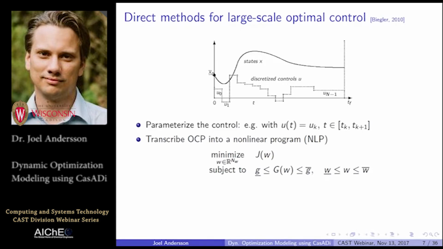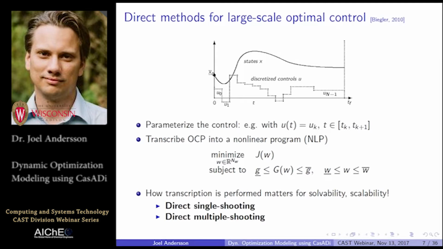This allows us to reformulate this optimal control problem into a finite dimensional nonlinear program. The reason why you want to do that is that there are a lot of good methods for solving nonlinear programs. But you can do this in different ways, and depending on how you do this transcription from optimal control problem to nonlinear program, you get different performance in terms of solvability and how well it scales to large dimensions.